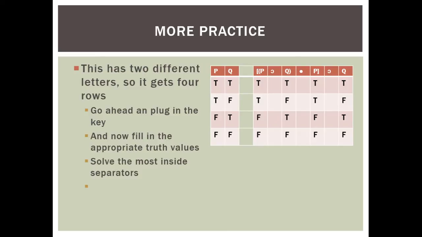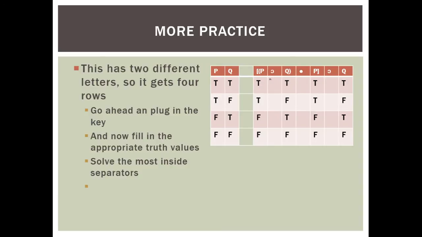So here you have P horseshoe Q and P. The P horseshoe Q is inside parentheses and inside the square bracket. That second P after the dot is only inside of the square bracket, so that's more exposed. The Q on the far right after the horseshoe after the bracket is the completely exposed Q. And the P horseshoe Q is inside parentheses and inside the bracket, so that's the most enclosed one. It's the most inside of separators. That's the one we're going to do first.